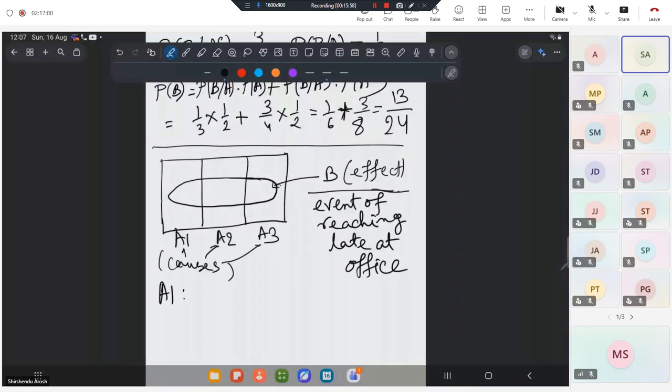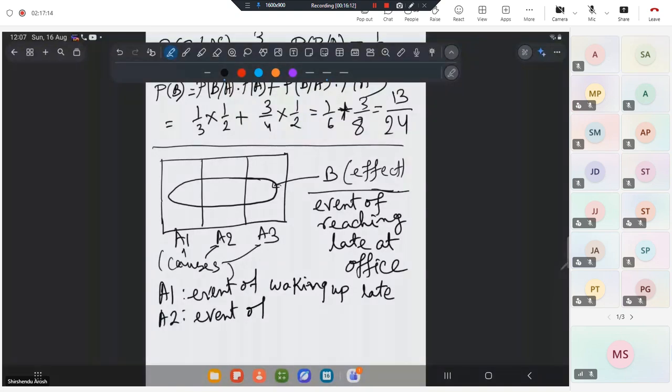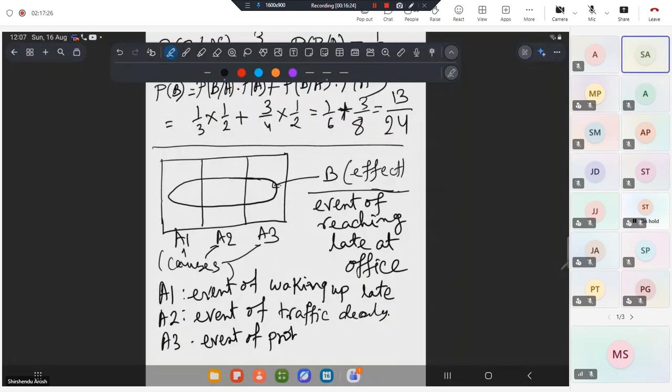A1 can be the event of waking up late. A2 could be the event of traffic delay. A3 could be the event of a problem in the vehicle.